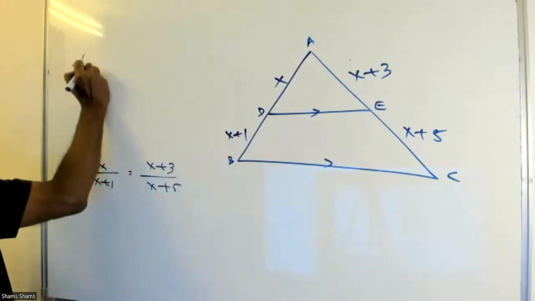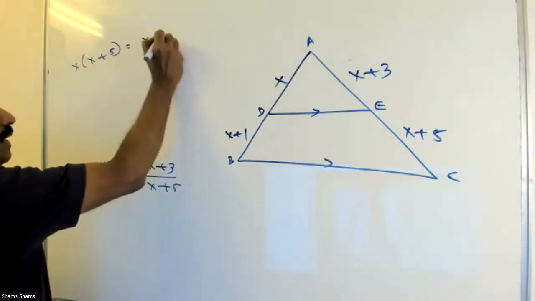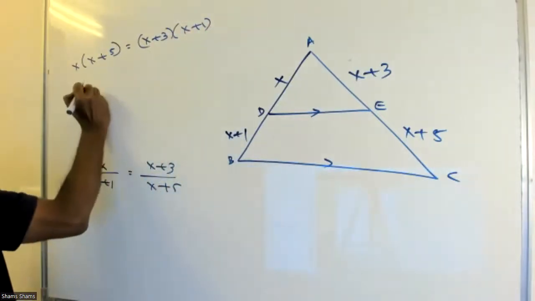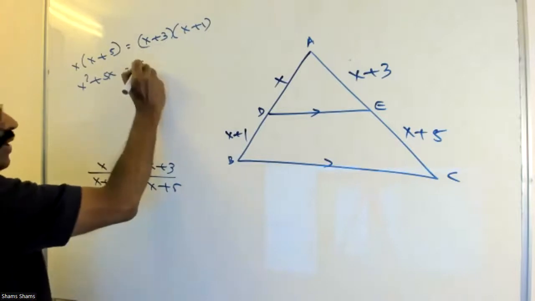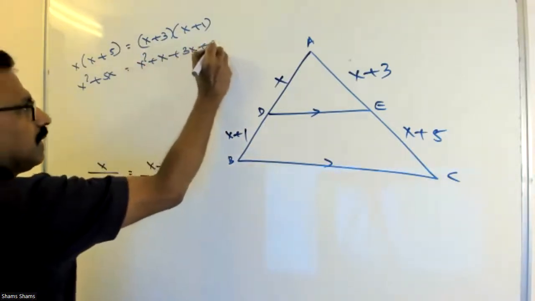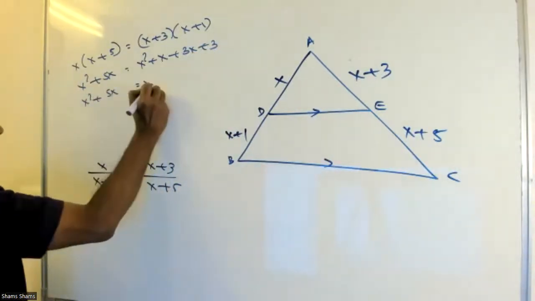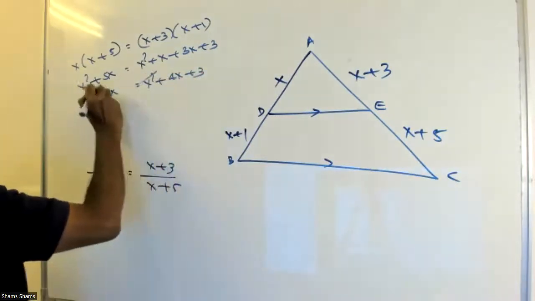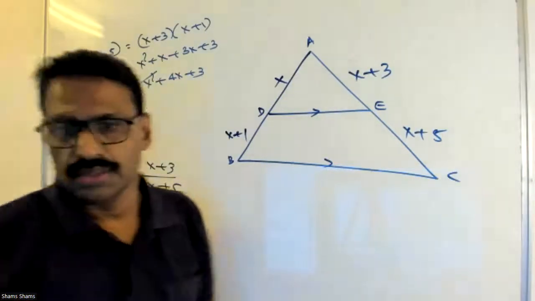So that is x into x plus 5 equal to x plus 3 into x plus 1. Okay. x square plus 5x equal to x into x square, or you multiply fully, x square plus 4x plus 3. x square cancel. x equal to 3. You did okay.